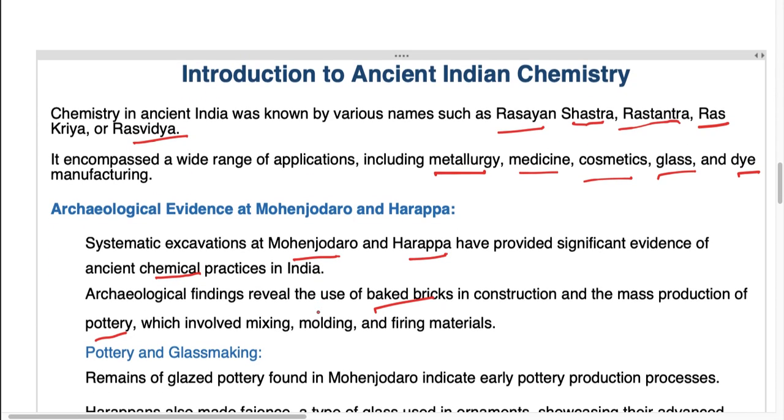It gives us knowledge about their contribution to chemistry, and through this we know that various ancient texts are a building block, the basic frame for modern chemistry, because whatever we have in modern chemistry is somehow related to ancient knowledge.